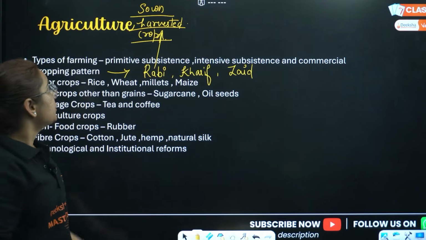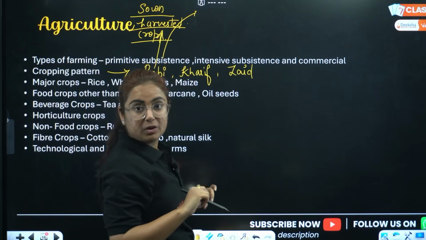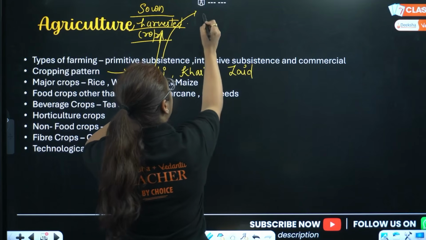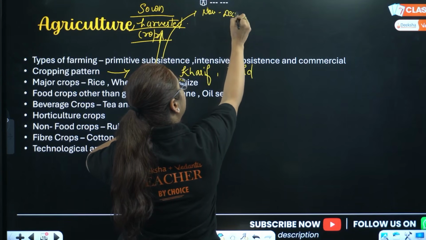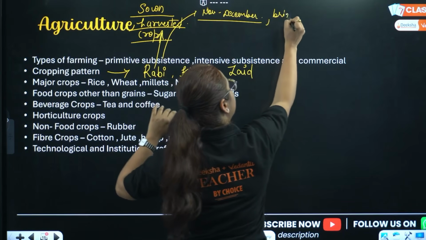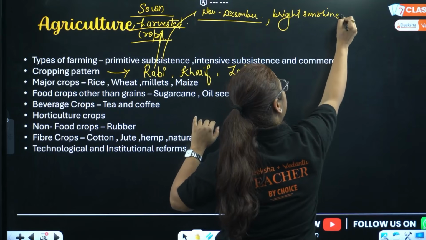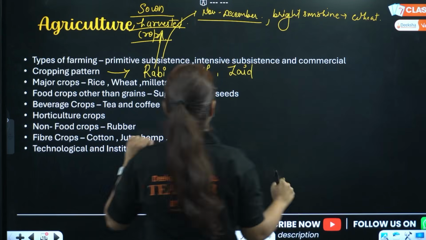So when the Rabi crop is grown, it is sown in November or December, like winter months. It is harvested when there is bright sunshine. The best examples will be wheat, maize.